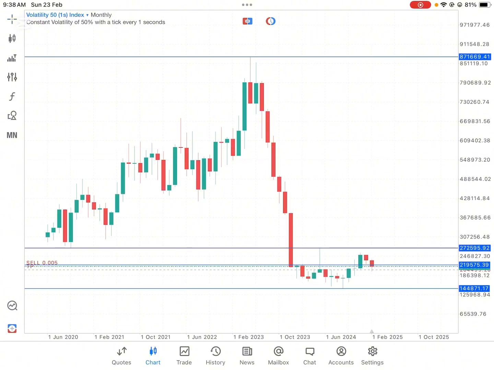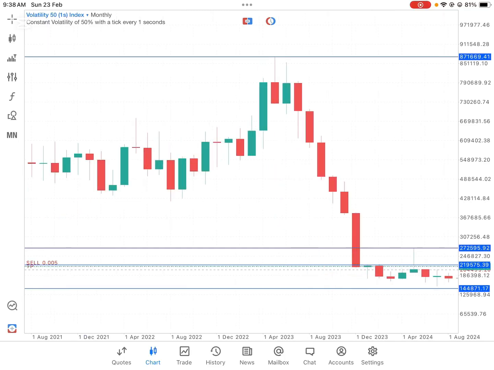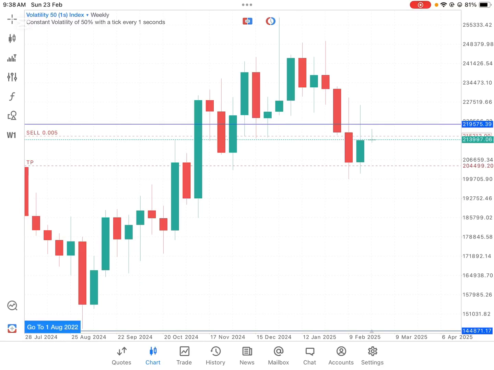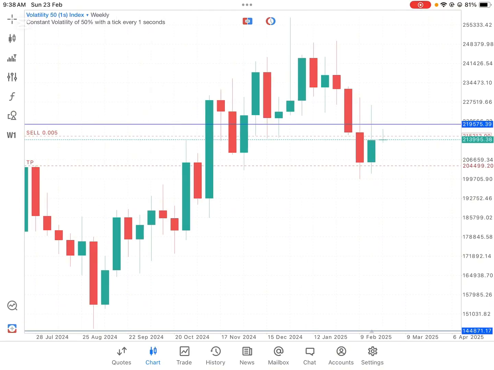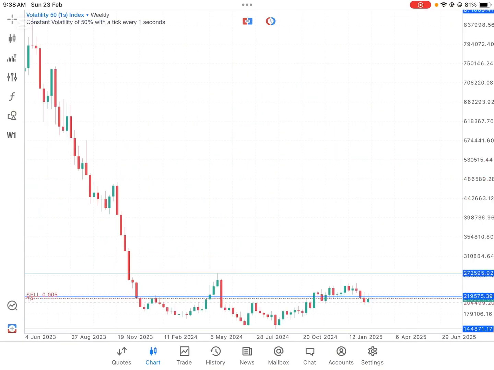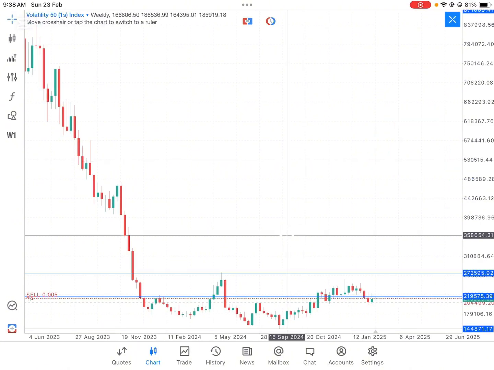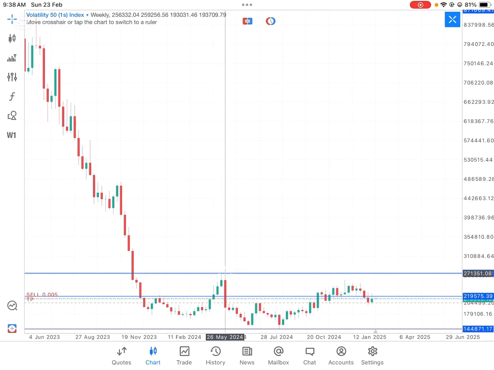Since you've seen the clear view now on the monthly time frame, you go back to your weekly time frame, look at what you are seeing. You can see that price got to this area, retraced back down to this low.